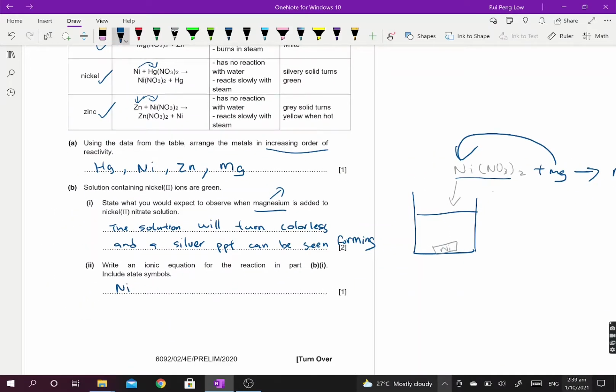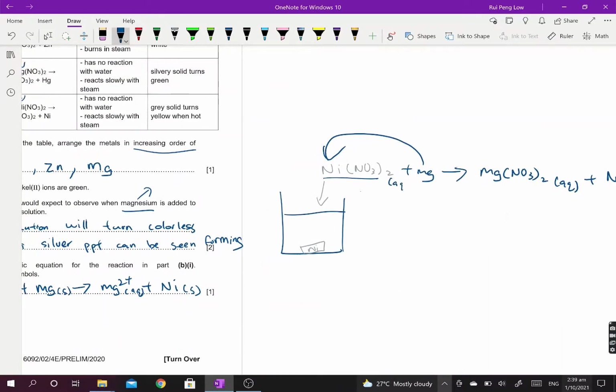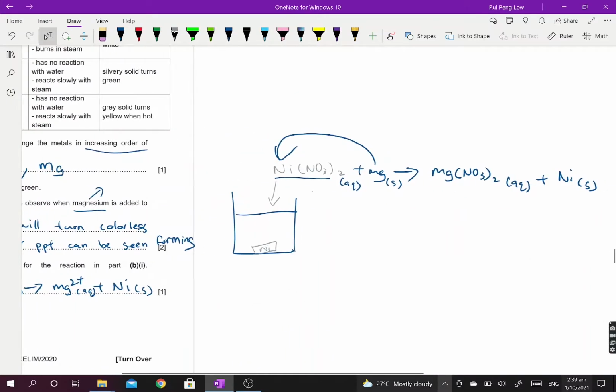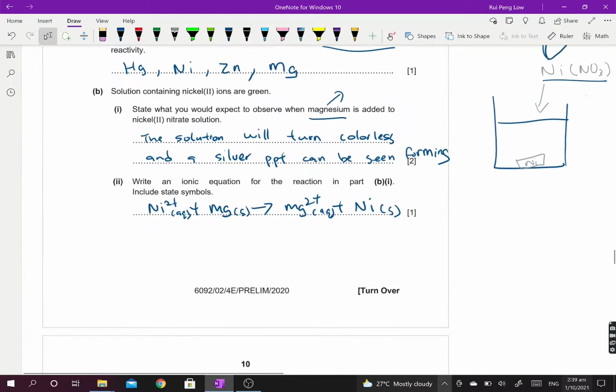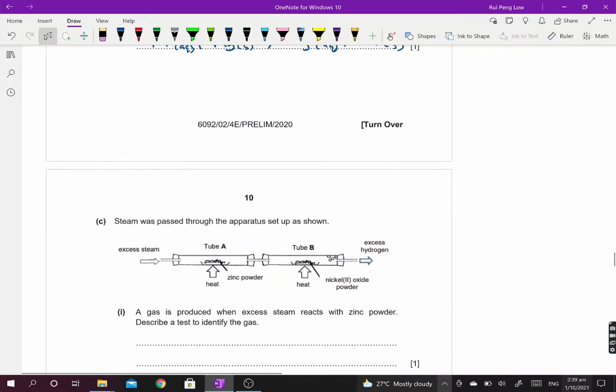Ni 2+ plus Mg will give you Mg 2+ plus Ni solid. Because they want state symbols, in this case aqueous, solid, and aqueous, solid. Okay, so this is how you write the ionic equation.